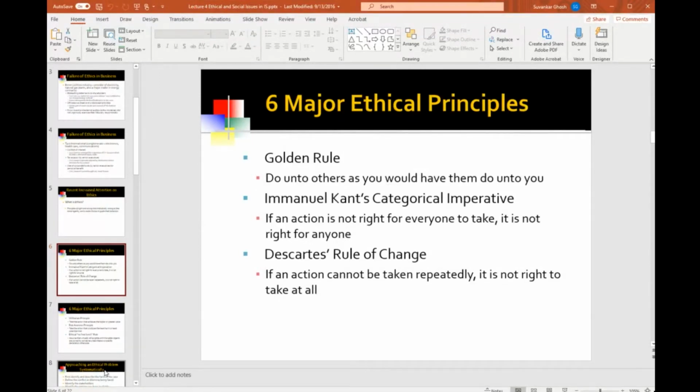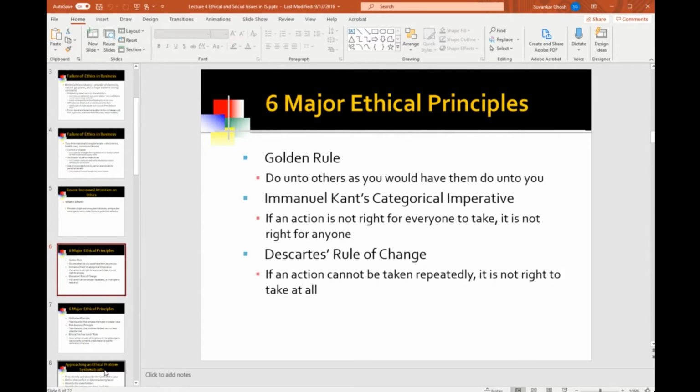Descartes' rule of change is often confused with Kant's categorical imperative. The difference is that in Kant's categorical imperative, you're asking what happens if the action you as an individual are trying to take is taken by a whole bunch of other people. So Kant's categorical imperative is focused on other people.